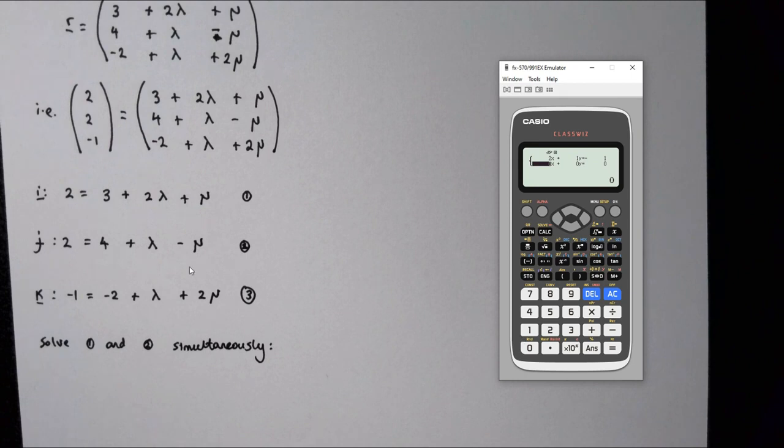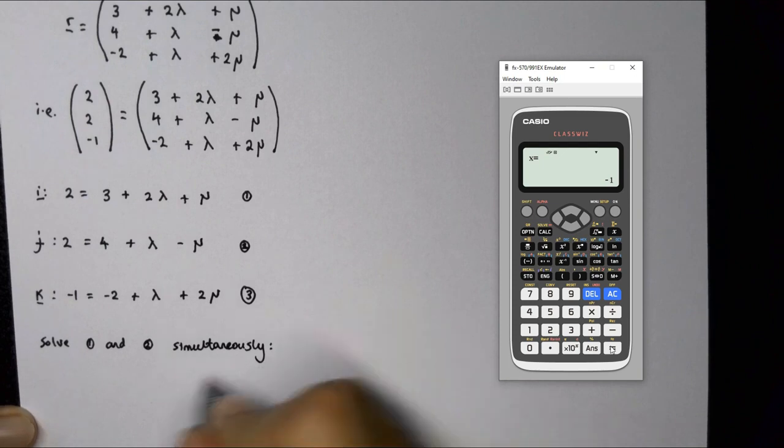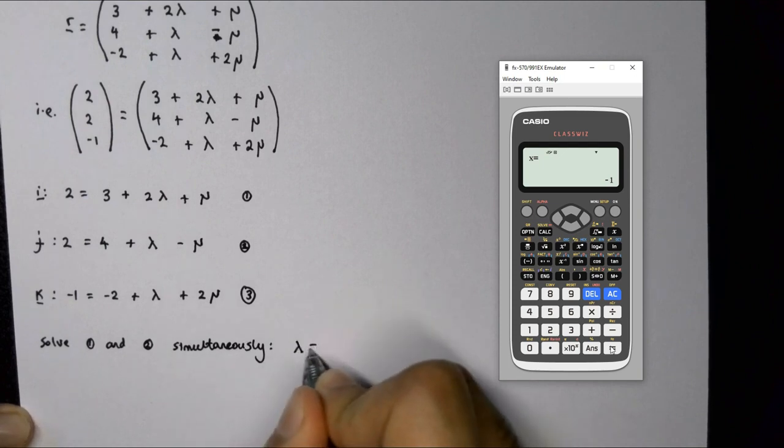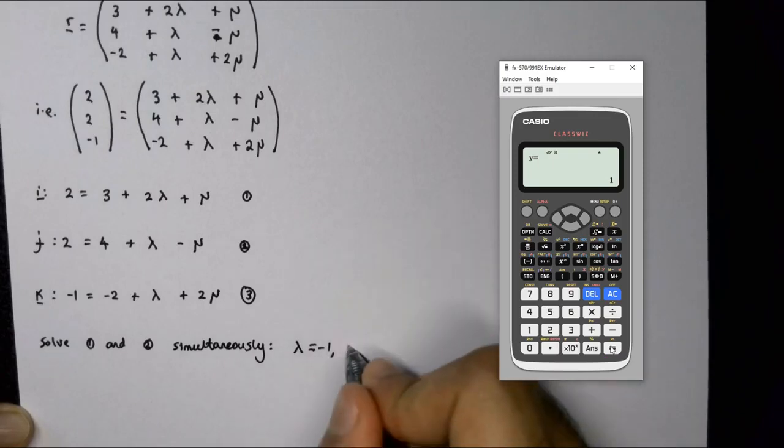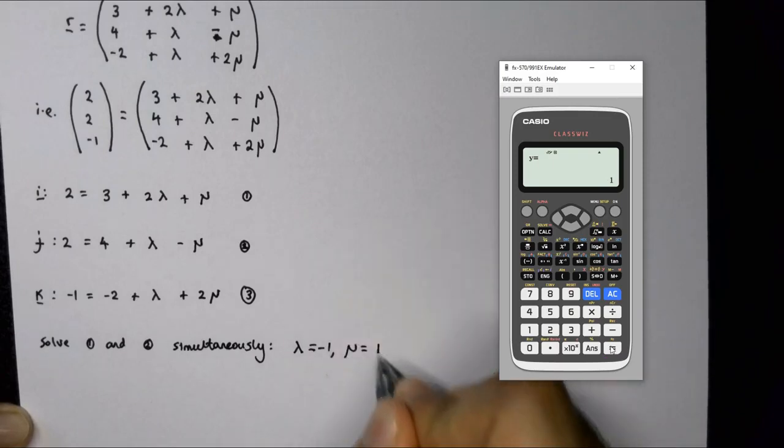And if we take a look at the second equation, we've got 1 lambda minus 1 mu, and we've got 2 minus the 4, so that's minus 2. So you can see over here, lambda is equal to minus 1, mu is equal to 1.